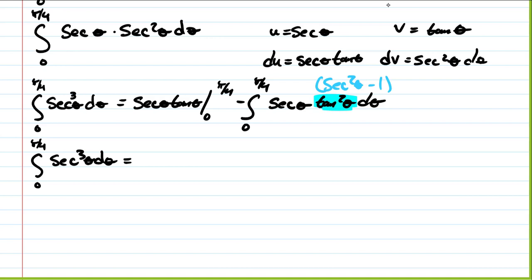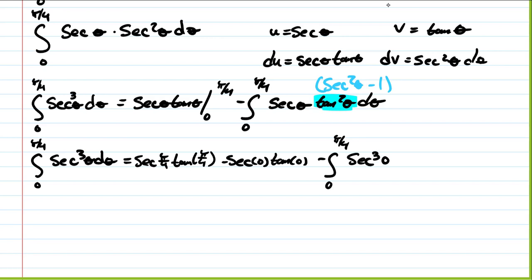So we have the secant of pi over 4 times the tangent of pi over 4 minus the secant of 0 times the tangent of 0, and then minus the integral from 0 to pi over 4 of secant cubed theta minus secant theta d theta. And we got that from just distributing in.